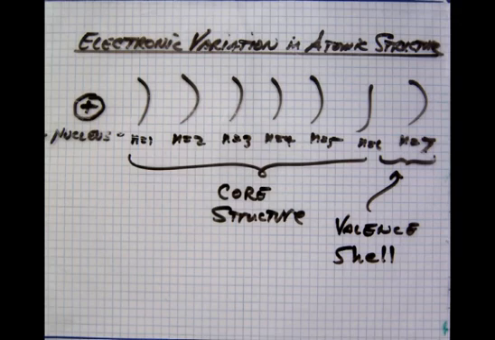Okay? Now, the first thing you have to understand about these variations is that the variations occur at the valence level. They do not occur in the core structure.